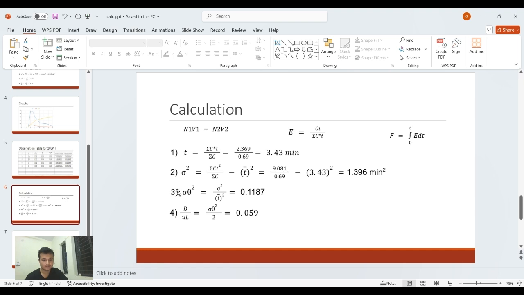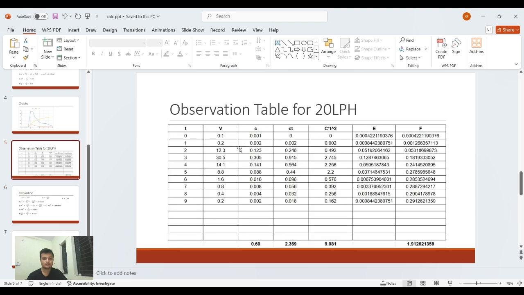And our third step will be to calculate sigma theta square, that is sigma square upon square of mean residence time. And the last part is to calculate dispersion number, that is again sigma theta square upon 2.